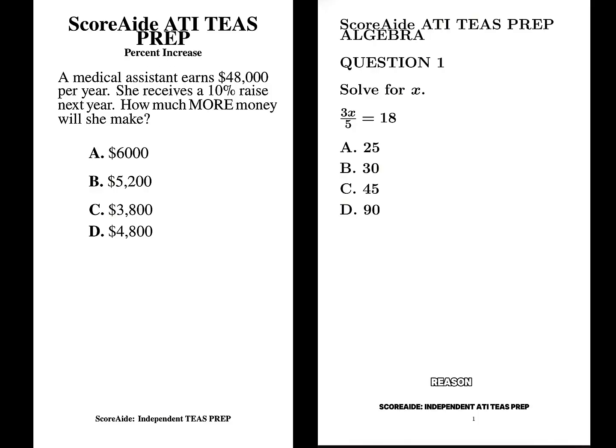The actual increase will be equal to 10%, which is 10/100 times the principal amount, which is 48,000. This is just gonna be equal to $4,800, right?